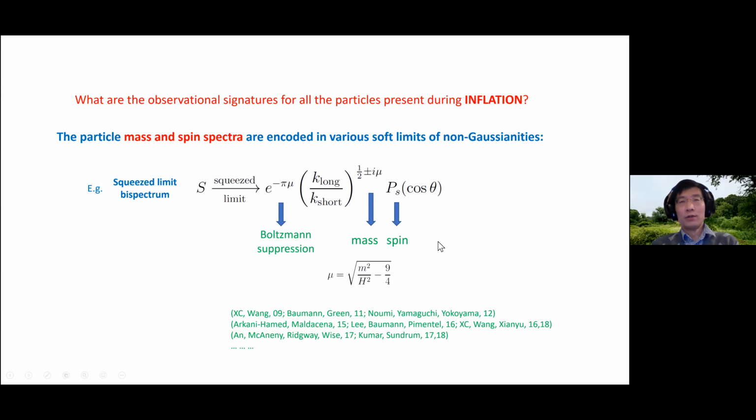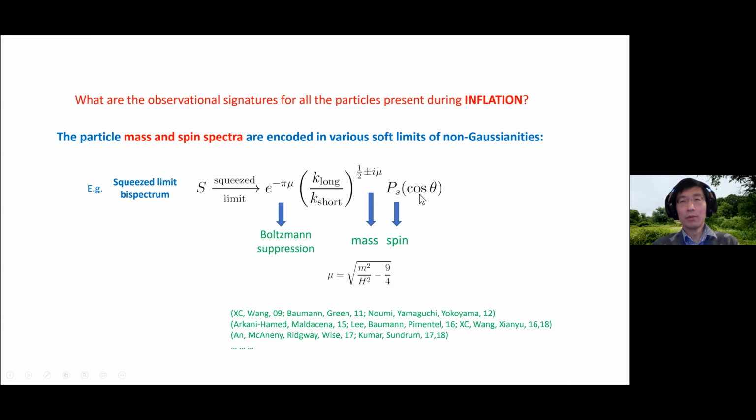The power of this ratio encodes the information of the mass, mu. Depending on whether the mass takes a low value, this power law becomes a scaling behavior, or when the mass becomes higher, this dependence becomes oscillatory.